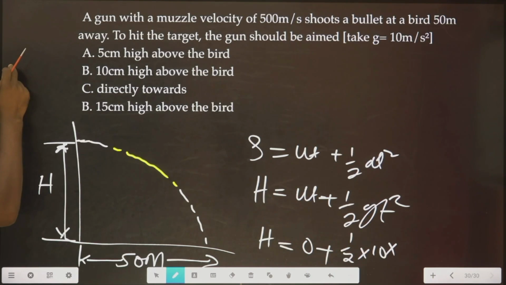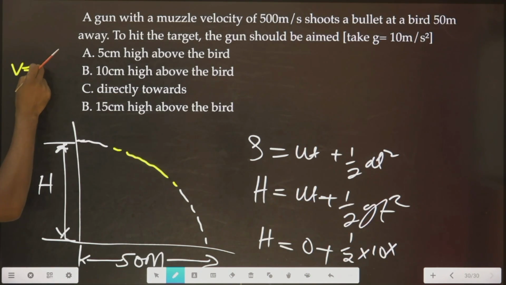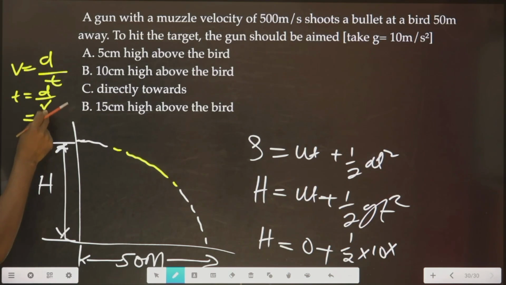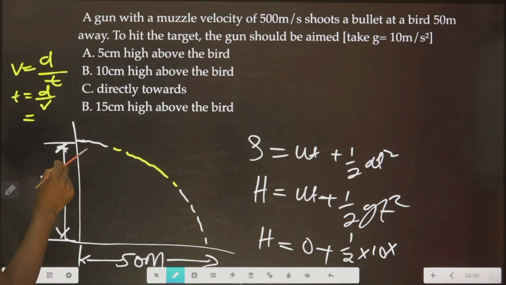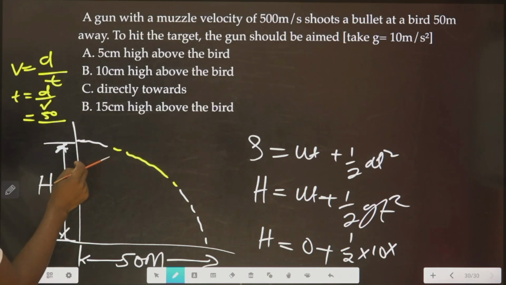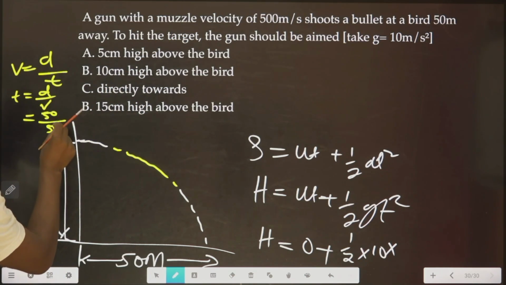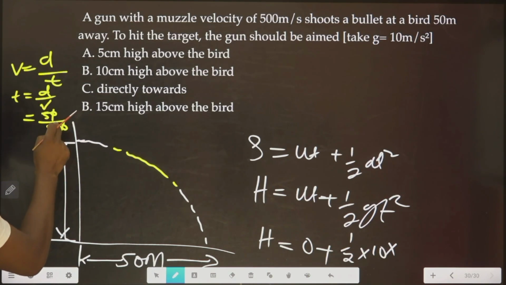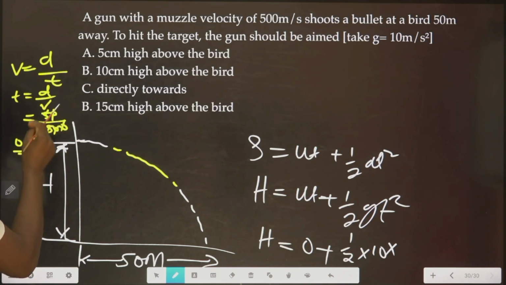You agree with me that velocity is actually distance over time. So time is distance over velocity. Now we know the distance to be 50, that is 50 over v. V is given to be 500. That means we are going to get 0.1 seconds.